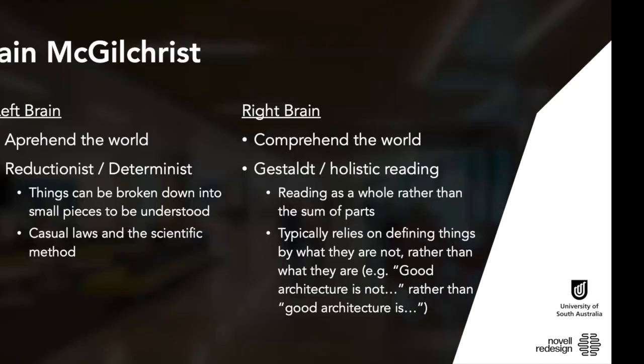If we think back to what I talked about briefly in terms of Professor McGilchrist's work, we are trying to find ways of evaluating our work that are based on a right brain or holistic reading rather than a left brain reductionist approach. But along the way, we decided we would actually try and do both.